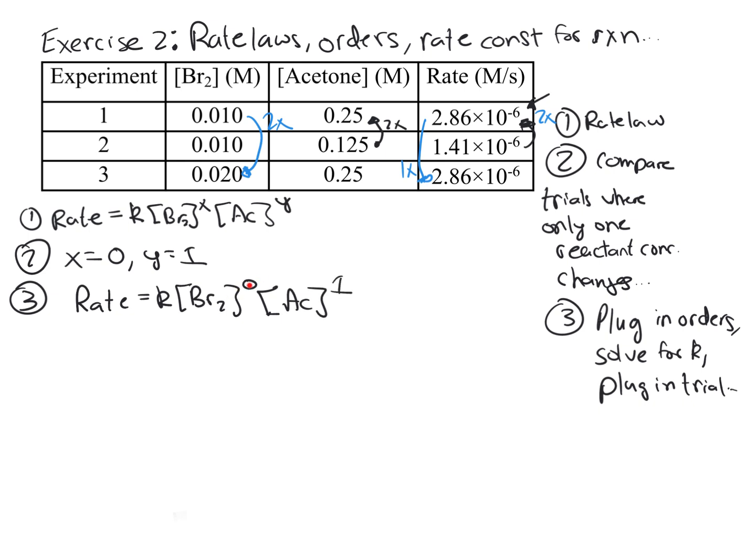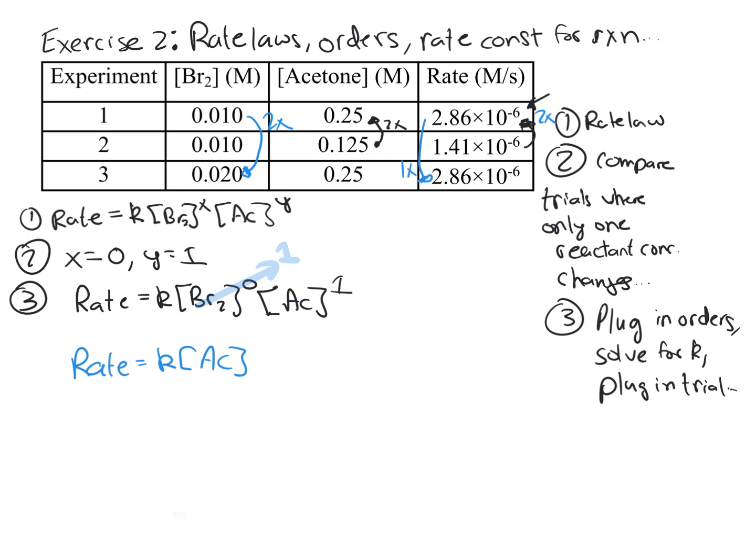Anything to the 0th order is just 1. So this whole term will completely drop out. And anything to the 1st power is just itself. So that term will also simplify. And our overall rate law is just rate is equal to K, BR2 is just 1 so we can drop that out, times AC.